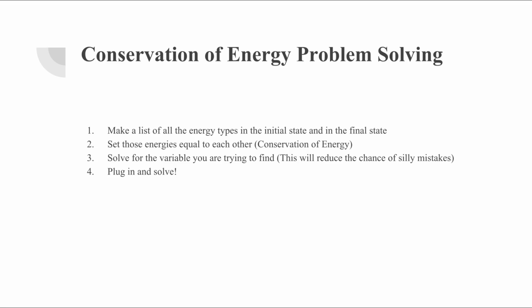This will reduce the chance of silly mistakes, because if you just put numbers in initially, you'll get confused with all the numbers floating around. So what I would do is solve for the variable symbolically, as in variables, and then plug in and solve right there. Then I have all my numbers in one spot and the thing I'm trying to find on the other side.